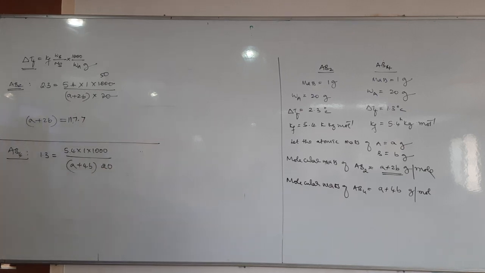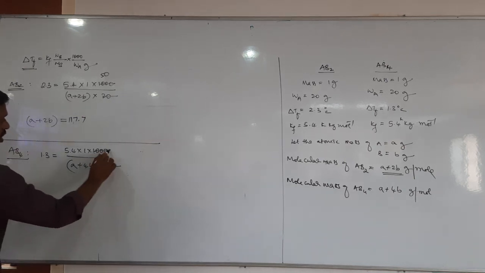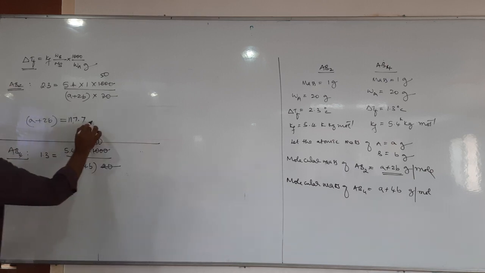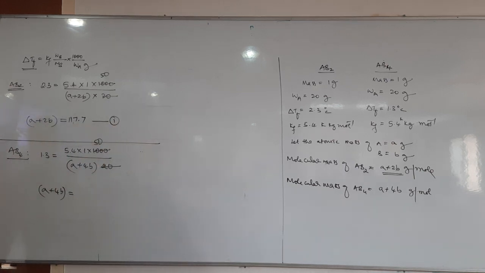Same, no? You understanding? I am just substituting. Simplify, we actually want a plus 4b, which is equation 1. Come on, do it here. a plus 4b is 27.